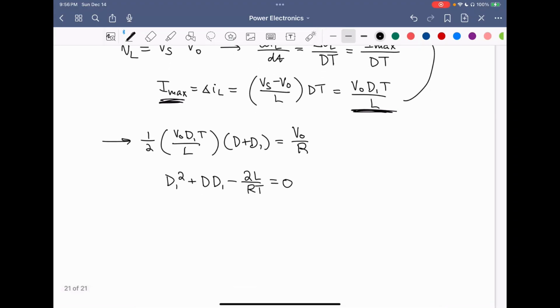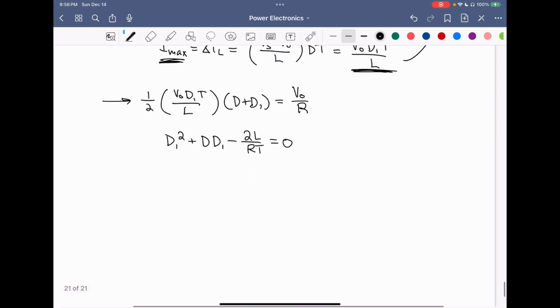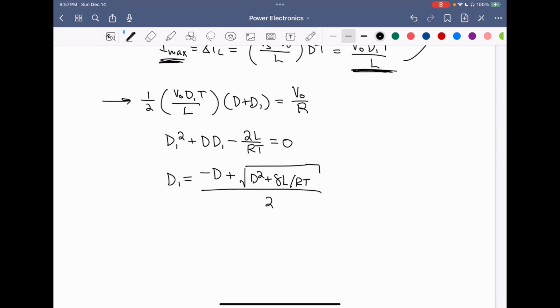Solving this quadratic equation, the solution is the larger root: D1 equals negative D plus the square root of D squared plus 8L over RT, all over 2. We had to choose this root because D1 is positive. The other root would have been negative. So we found this expression for D1.